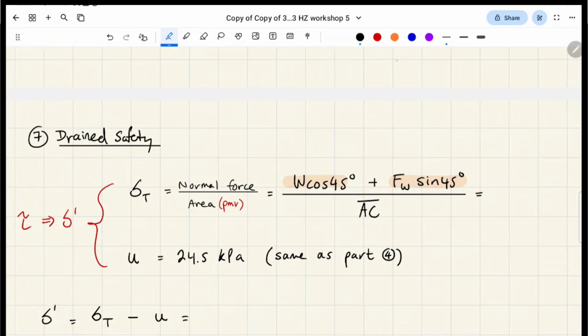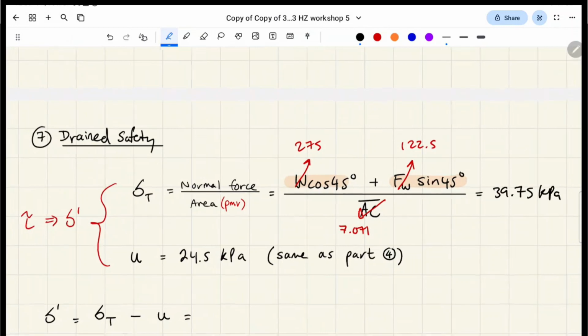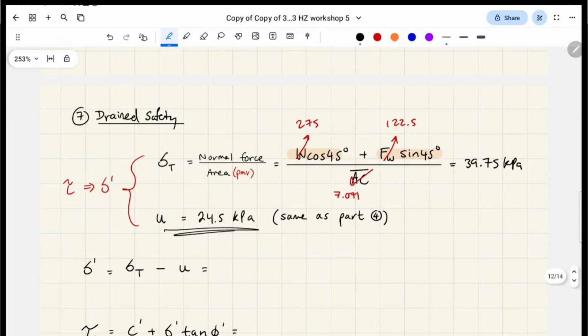which gives us, sorry, 2.5, this is 275. That gives us 39.75 kPa. U, which was what I was struggling to explain before, was that, right?